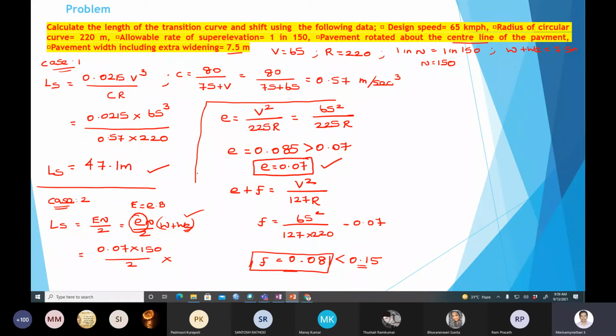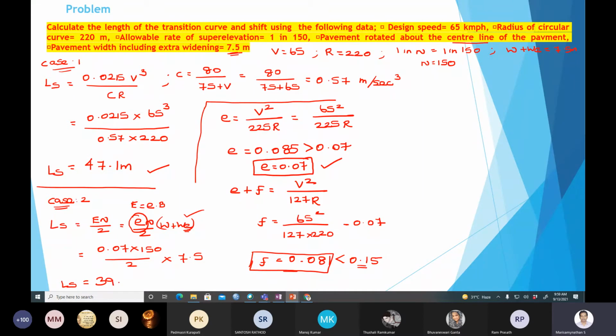That will be added to the number of lanes given. 2 lane means 7 meter. After the estimation, overall the problem gives 7.5 meter. So when you apply the 7.5 meter, you come to know the length of the transition curve when considering the allowable rate of introduction of super elevation, which is capital E. So substituting the value, 0.07 into 150 into 7.5 divided by 2, I'm getting the value of 39.375.